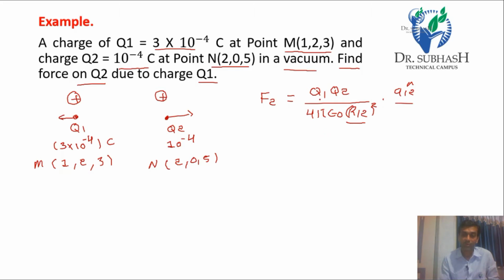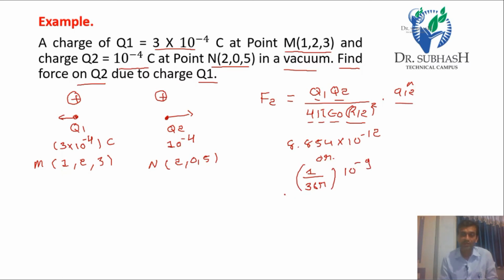The value of epsilon 0 in a vacuum is 8.854 cross 10 raised to minus 12, or you can also put the value 1 upon 36 pi 10 raised to minus 9.